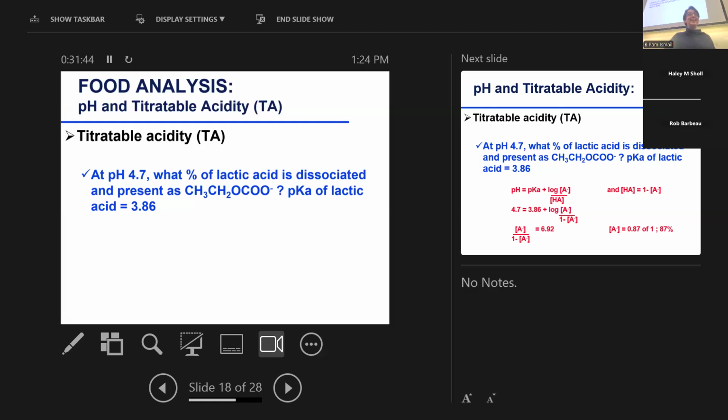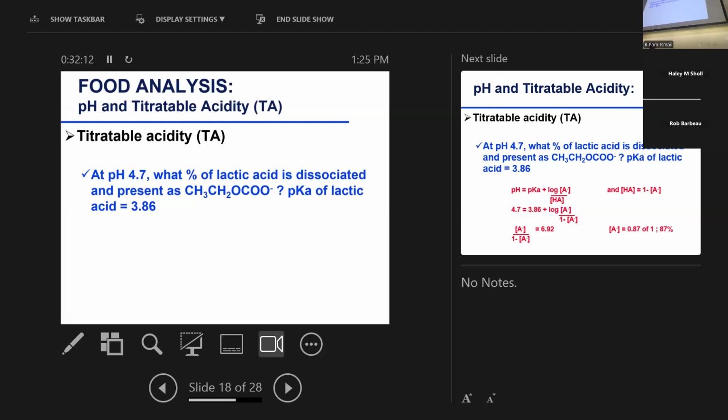Okay. Yeah, rearrange the Henderson-Hasselbalch equation. So what's the given, Alicia? What's the pH? 4.7, right? And then we subtract the pKa, you said? Yeah, okay. Let's subtract the pKa. All right, what is the pKa? 3.86.